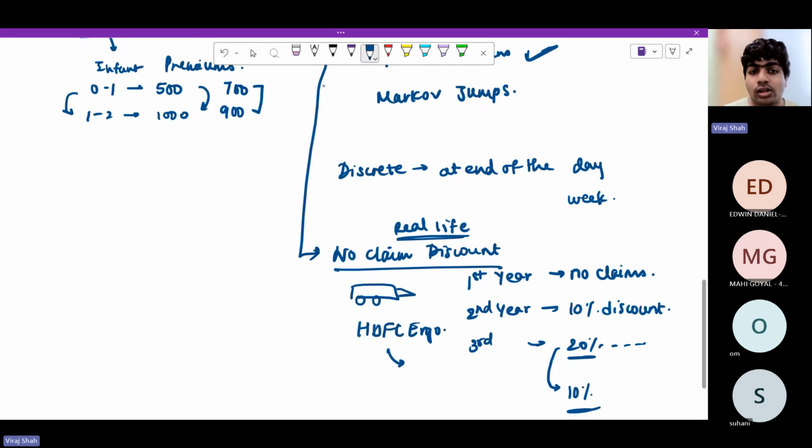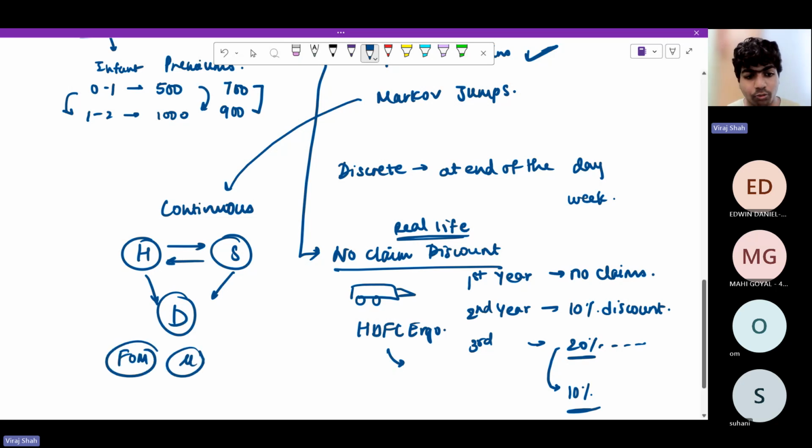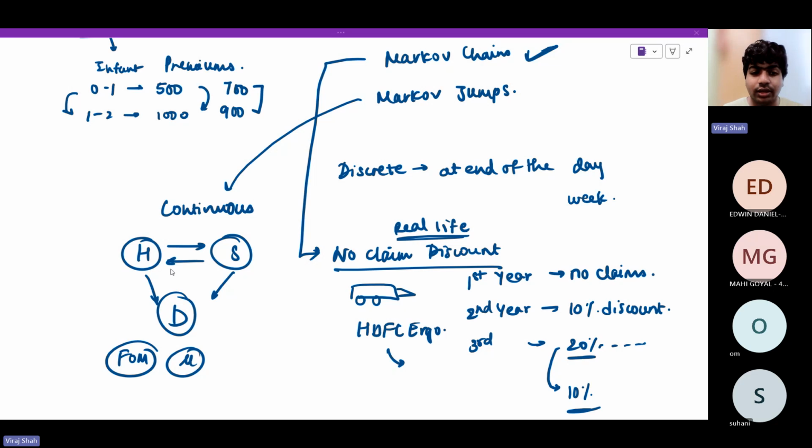Similarly, Markov jump. So this was discrete. If I want to talk about continuous, suppose the healthy sick death model, you would have learned about your healthy sick death model. If I want to find the force of mortality, which is nothing but mu, what does force of mortality mean? Your instantaneous rate of change. So basically, in one second I was in the healthy state, the next second I went to the sick state.